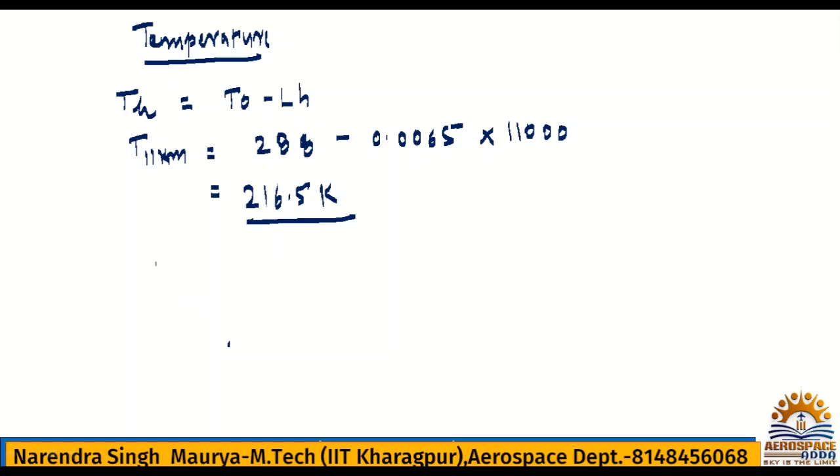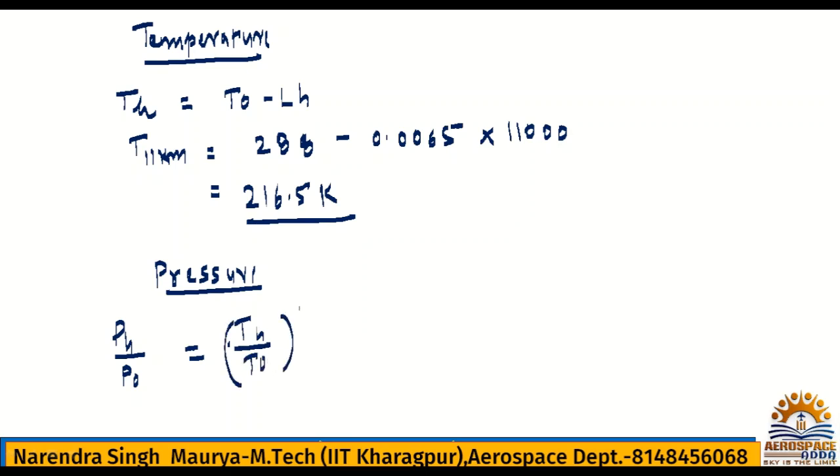We'll go for the pressure. What is the formula? Ph by P naught is (Th by T naught) to the whole power 5.25. So what is Ph?